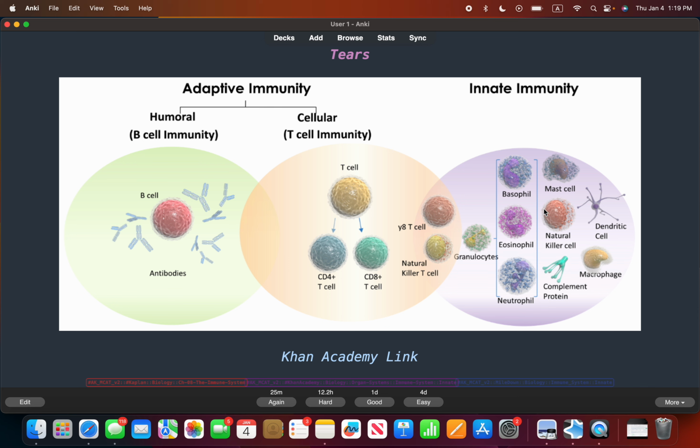But we should keep in mind that the natural killer cell is part of the innate immunity, as well as the mast cell, the dendritic cell, the macrophage, the complement protein, neutrophil, eosinophil, and basophil, which are granulocytes. So we can see that we have a cellular adaptive immunity and the humoral one. And the humoral immunity is all with regards to B cell immunity, but the cellular immunity is with regards to T cell immunity.